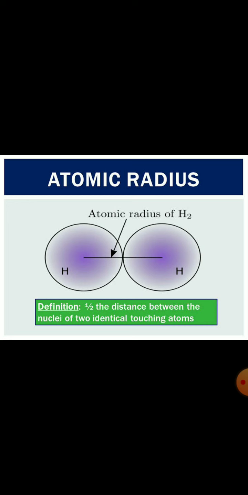And how do we define this unit? 1 picometer is equal to 10 raised to minus 12 meter. Please remember this conversion. 1 picometer is equal to 10 raised to minus 12 meter. How this atomic radius varies in groups and periods, that we'll learn in our next session.